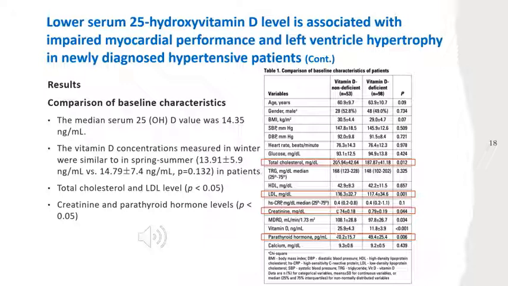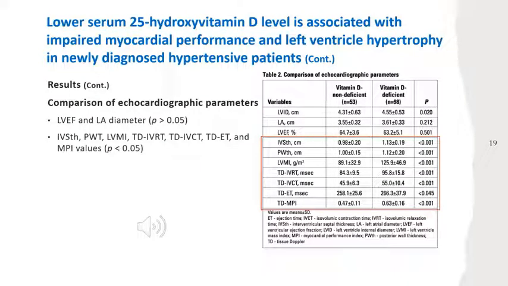Total cholesterol and LDL level was significantly higher in patients who were vitamin D non-deficient compared with patients who were vitamin D deficient. Creatinine and parathyroid hormone levels were significantly lower in patients who were vitamin D non-deficient compared with patients who were vitamin D deficient.